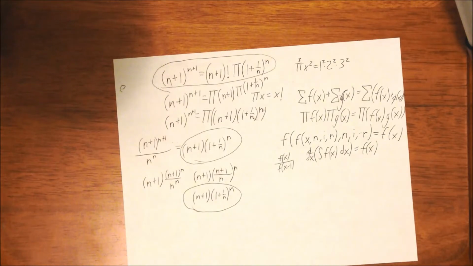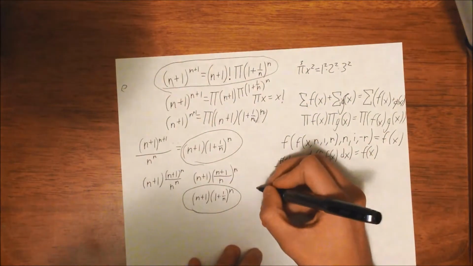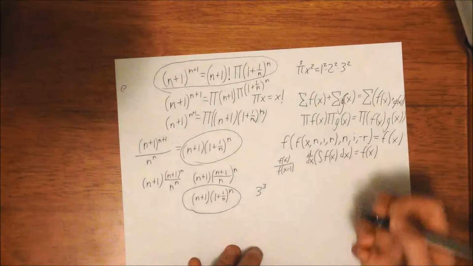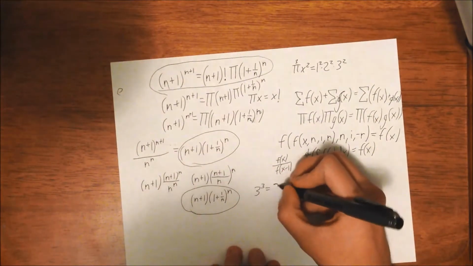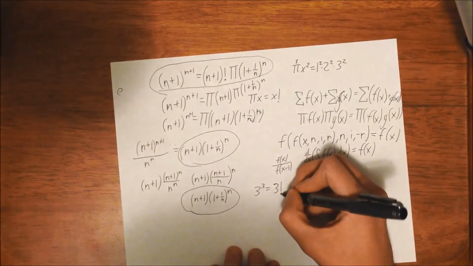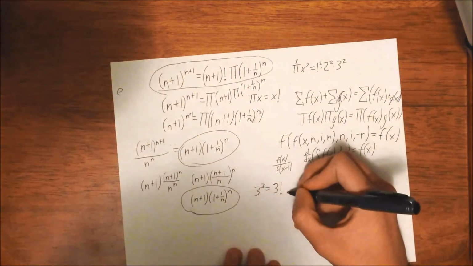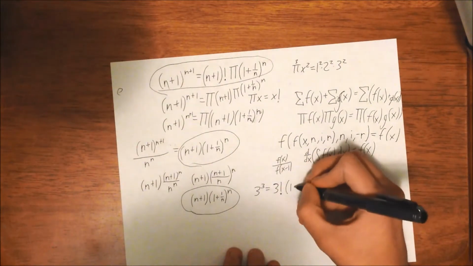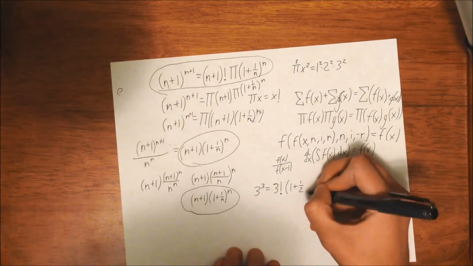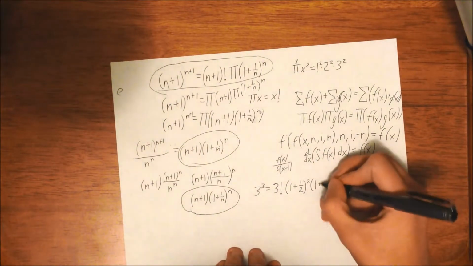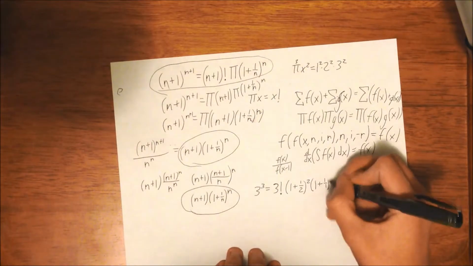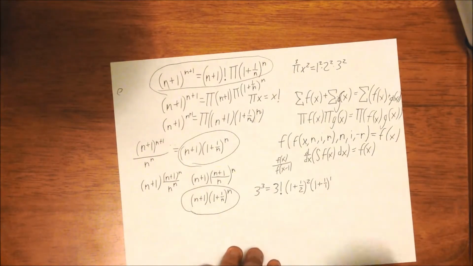So an example of this is that 3 to the 3 power is equal to 3 factorial times (1 + 1/2)^2 times (1 + 1/1)^1.